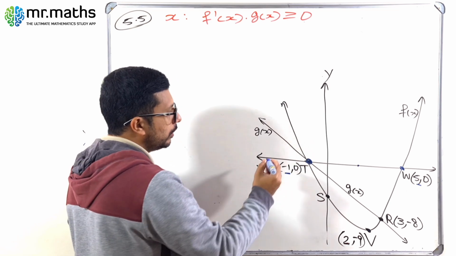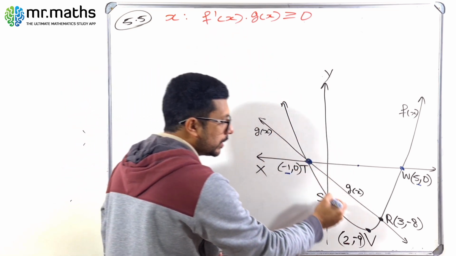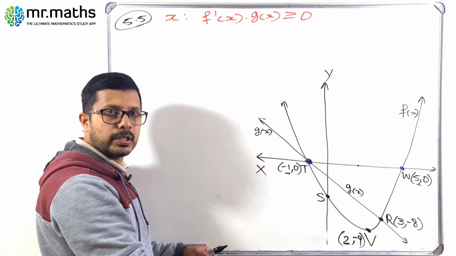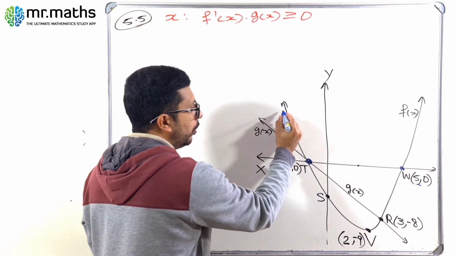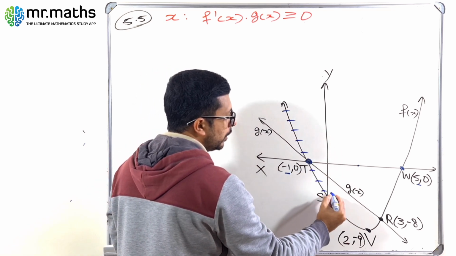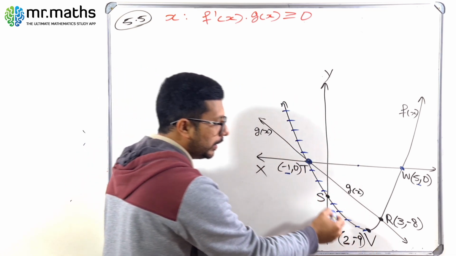So what is f dash of x? When the graph is decreasing, the first derivative is negative. So in all these areas the first derivative is negative, because here the graph is decreasing.